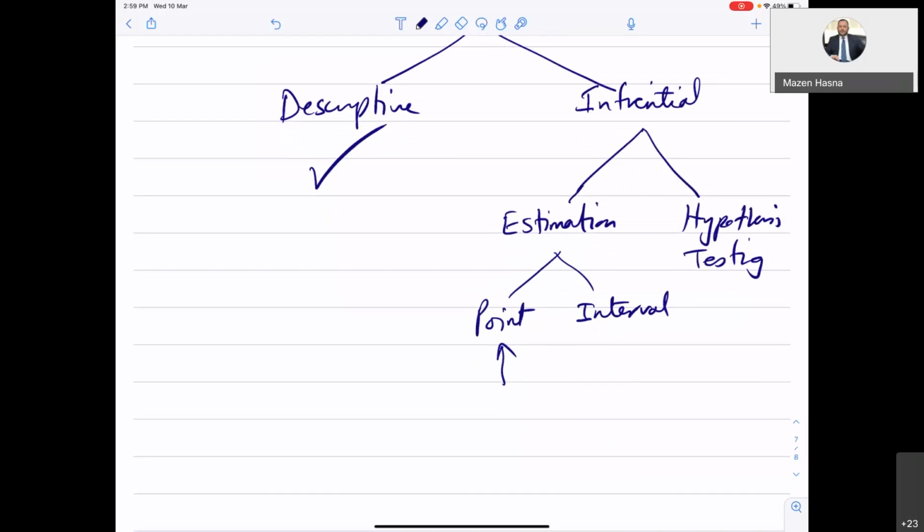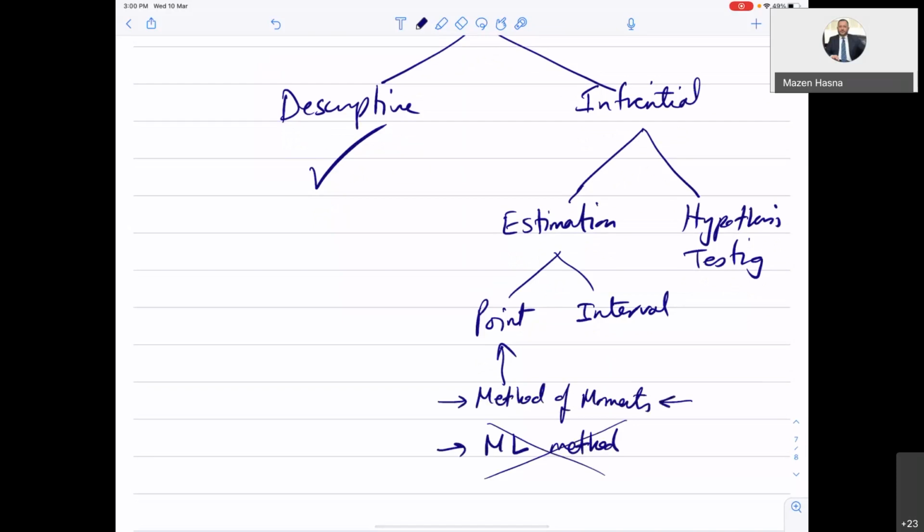In the past we used to teach two methods: method of moments and maximum likelihood method. Now I think we will not do maximum likelihood. We'll just do the method of moments for point estimation, and then we generalize that to interval estimation in a very simple way before moving to hypothesis testing.